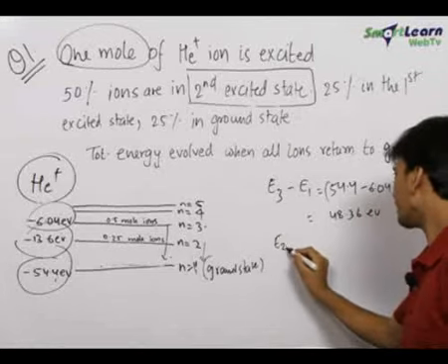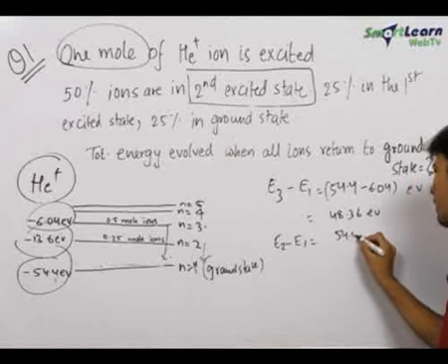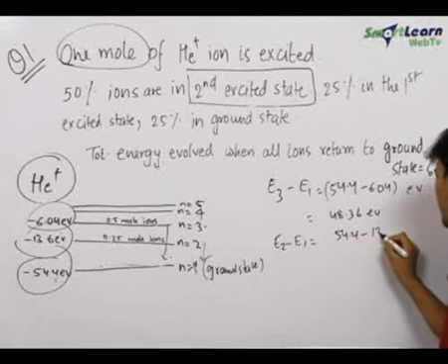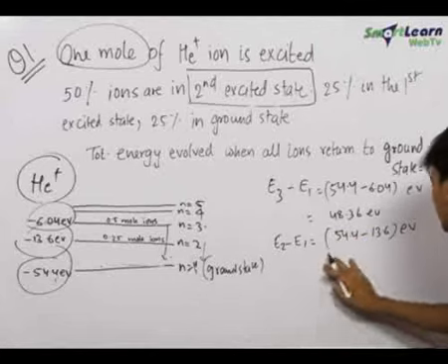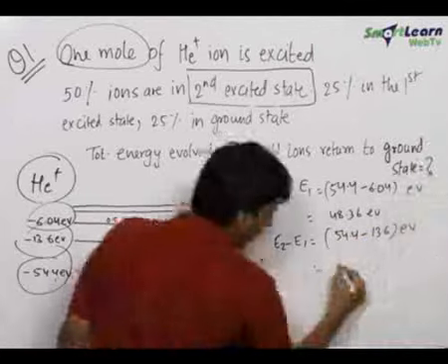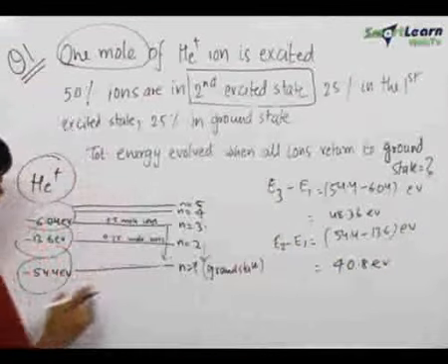Now again, E2 minus E1 is equal to 54.4 minus 13.6 electron volt, which comes out to be equal to 40.8 electron volts.